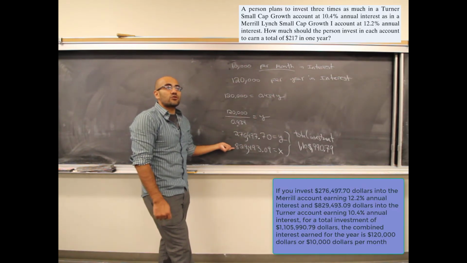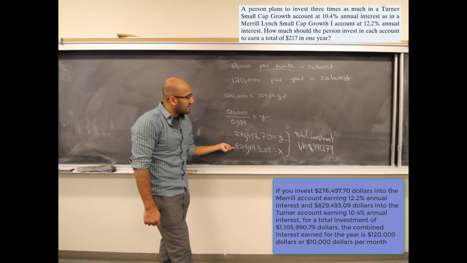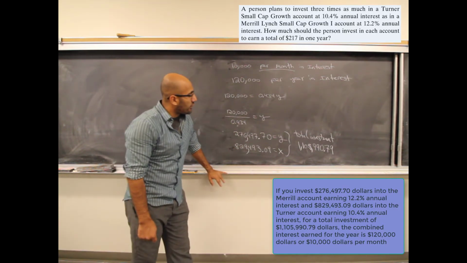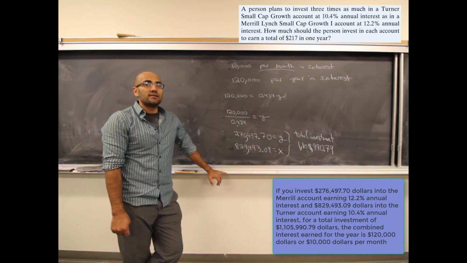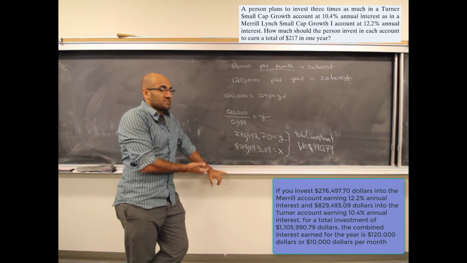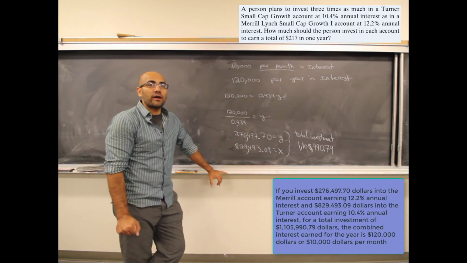And for x, which is 3 times as much, we would need $829,493.09, for a total investment of $1,105,990.79. Okay, so if you save up to that, you ready to retire? Everything be okay?